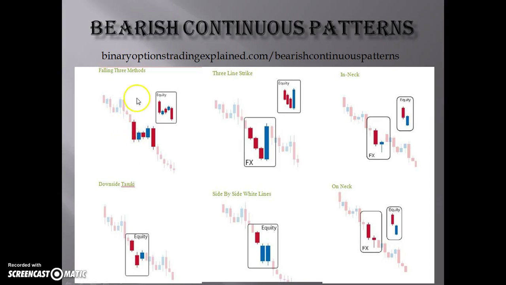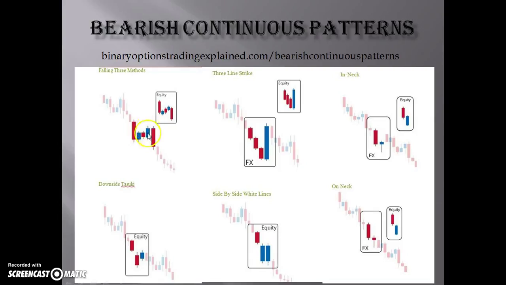Now when this pattern forms, a bearish candlestick forms first, followed by a bullish candlestick which opens at the closing price of the bearish candlestick, but it closes within the body of the first bearish candlestick. Followed by, it could be a bearish candlestick, and in other cases it's also followed by a bullish candlestick again. So it could be bearish or it could be bullish. Now the second candlestick right here, the one I have the mouse pointer on. Once that also forms, you wait for another bullish candlestick to form.